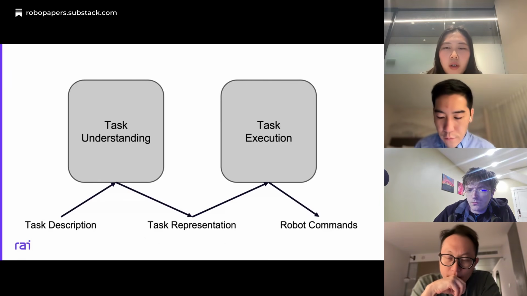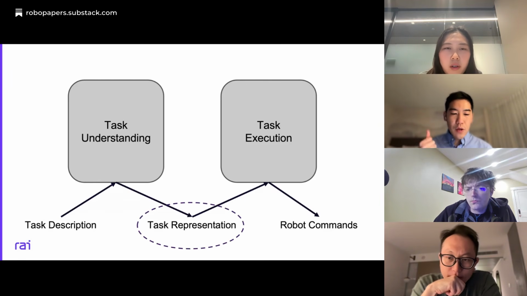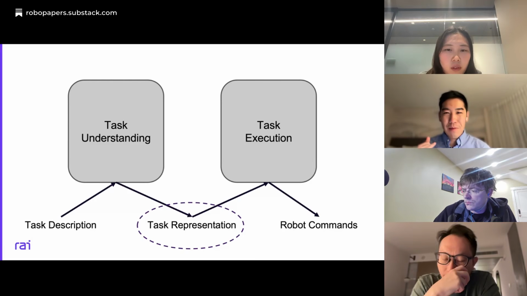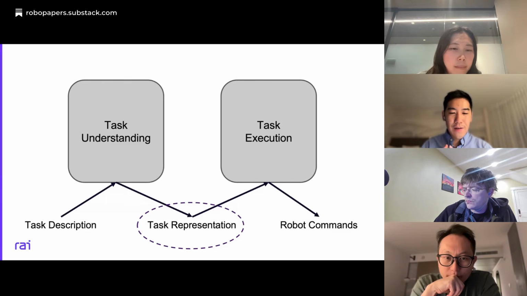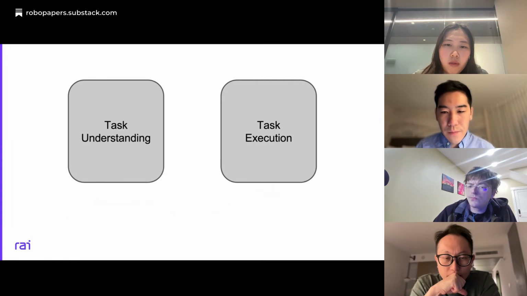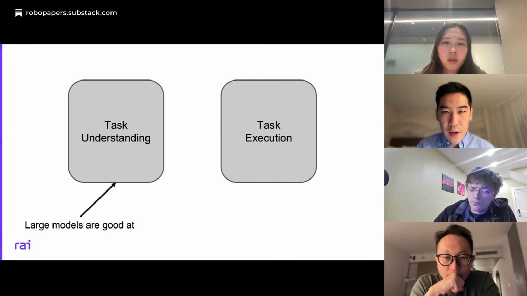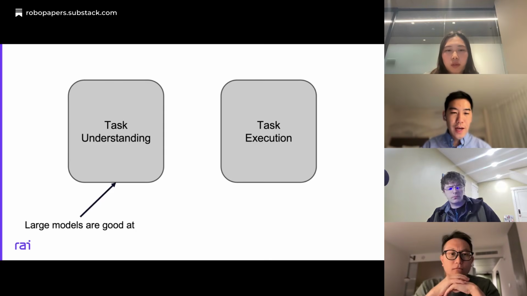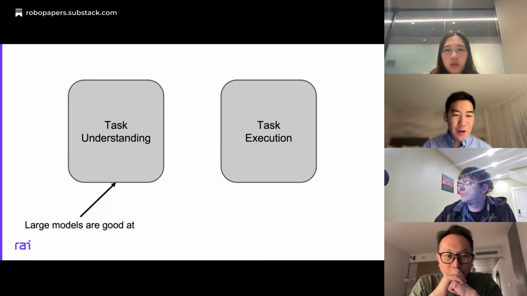There's a line of work following this, but the real difference, and I think the limitation to achieve generalization and scalability, is the task representation. What kind of representation we want to use is actually very, very important here. And that's the key contribution of NovaFlow. For the task understanding part, it's actually what large models are really good at.